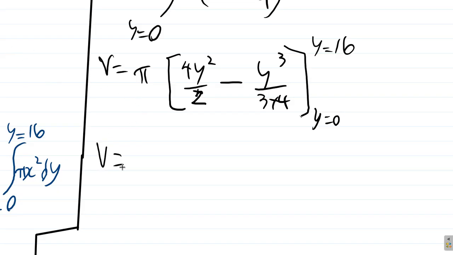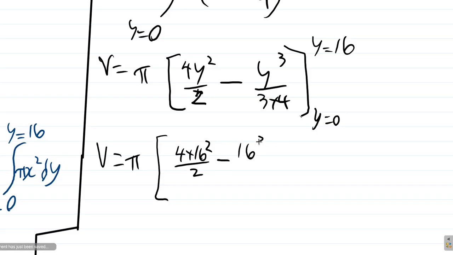So, volume is pi times upper boundary first. It's 4 times 16 squared over 2 minus 16 cubed over 3 by 4, 12.